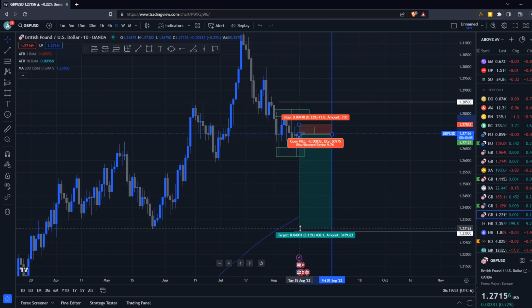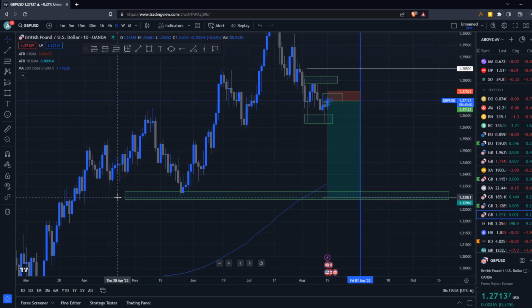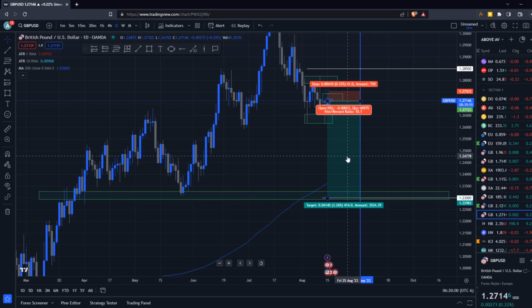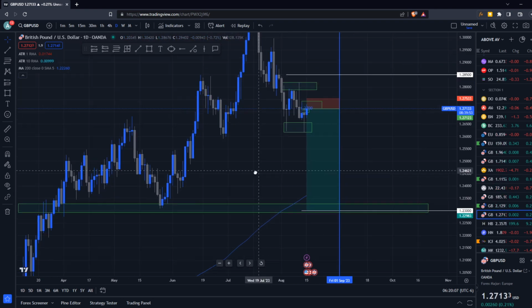So this would be our position here, which lines up with this nice area here. And so even if pound dollar here is still very bullish, ideally this is going to be the zone it retests anyways, right at 123.